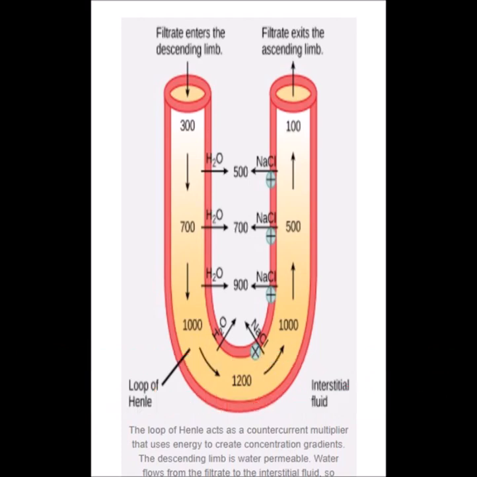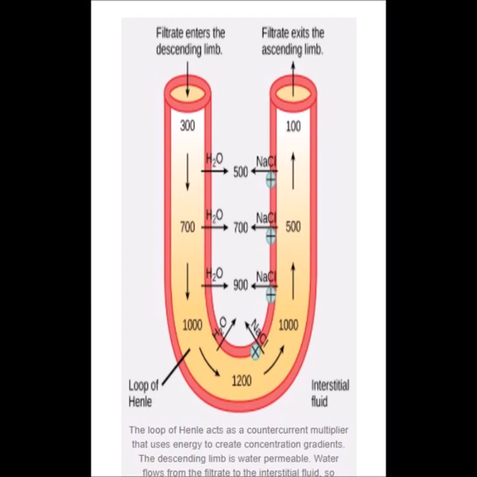So the diagram shown here, the U-shaped structure, is the loop of Henle, which acts as a countercurrent multiplier that uses energy to create concentration gradients. The descending limb is water permeable. Water flows from the filtrate to the interstitial fluid. So osmolality inside the limb increases as it descends into the renal medulla. At the bottom, the osmolality is higher inside the loop than in the interstitial fluid.